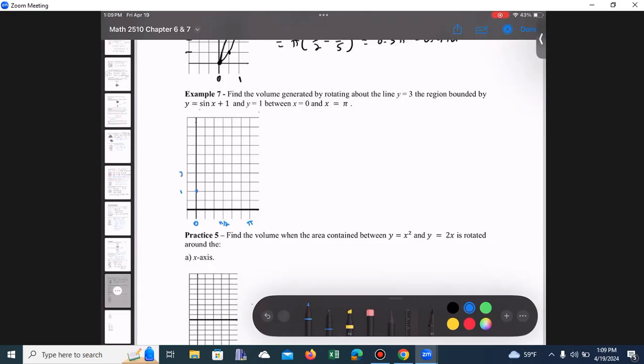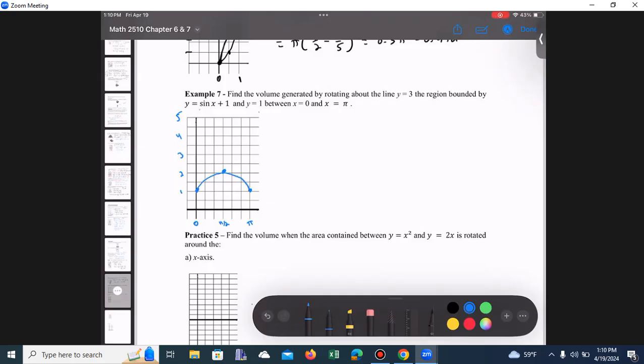On the y-axis this is going to be 1, 2, 3, 4, and 5. So at 0, you get 1. If you plug in pi over 2, sine is 1, so you get 1 plus 1, which is 2. And at pi, sine is 0 again, plus 1 is 1. This is your line.